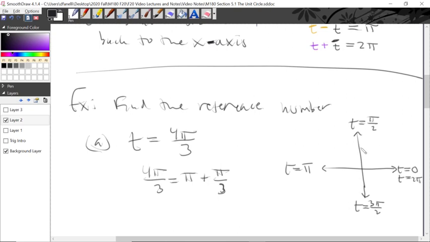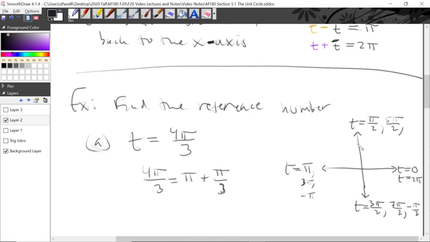For instance, we would be back pointing towards the positive y-axis again at 5 pi over 2. We would be at the negative x-axis again at 3 pi. We would be back at the negative y-axis again when we add 2 pi to 3 pi over 2, which is 7 pi over 2, etc. And in the negative direction as well, we'd be at the negative y-axis at negative pi over 2, negative x-axis at negative pi.